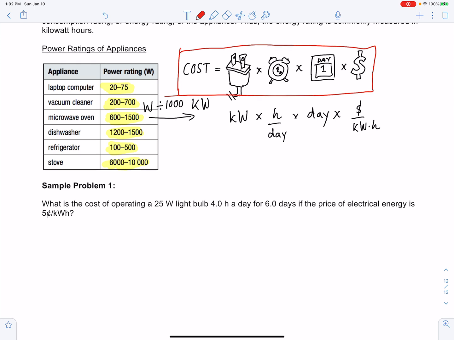So what is the cost of operating a 25-watt light bulb for 4 hours a day for 6 days if the price of electrical energy is 5 cents per kilowatt hour? First off, 25 watts divided by 1,000 equals 0.025 kilowatts. So the cost, if we use the equation above, it's funny that I call that an equation.